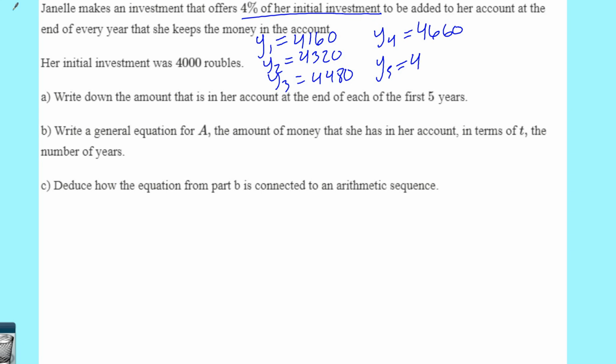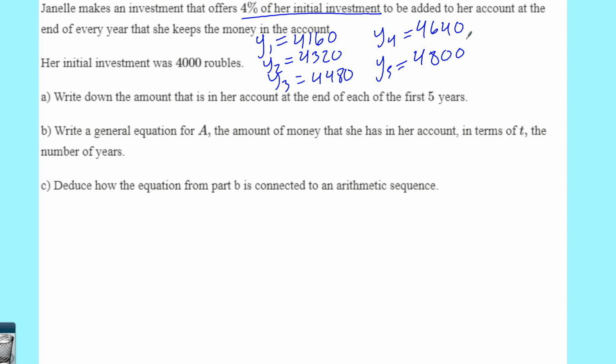Nope, I can't add. This is why I use a calculator sometimes. Plus 160 is 4,640. There we go. Plus 160. Now we're cooking.